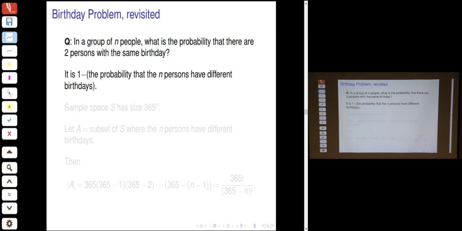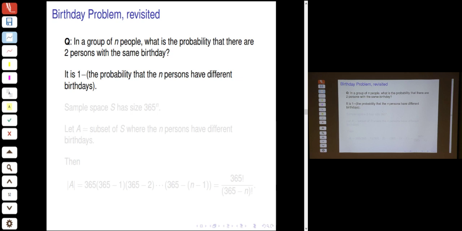First, this is a very common trick. Sometimes it's hard to compute the probability of an event, but it's easier to compute the probability that the event doesn't happen. It's easier to count the complement.